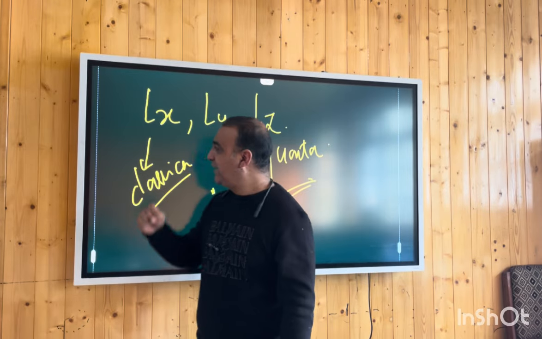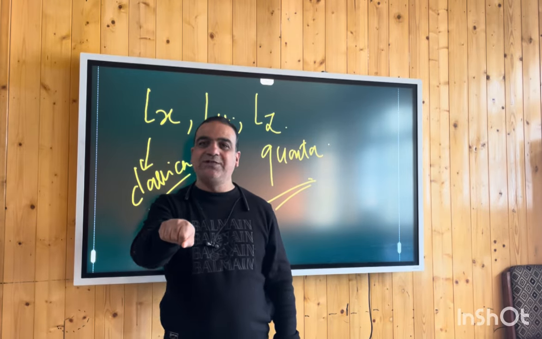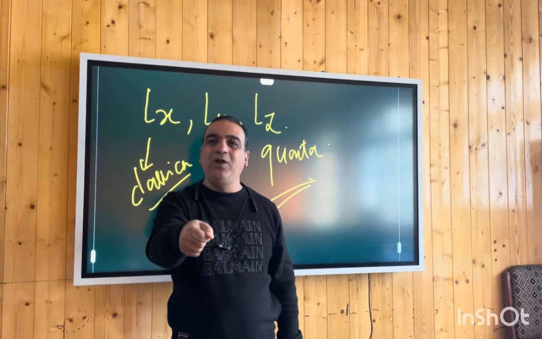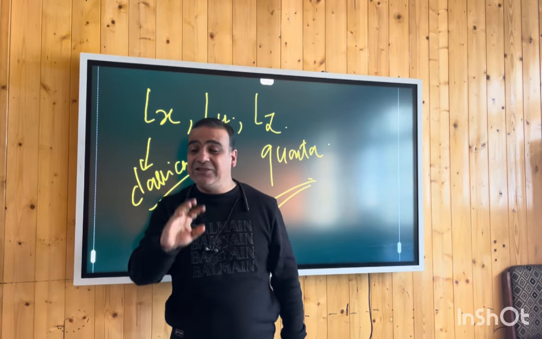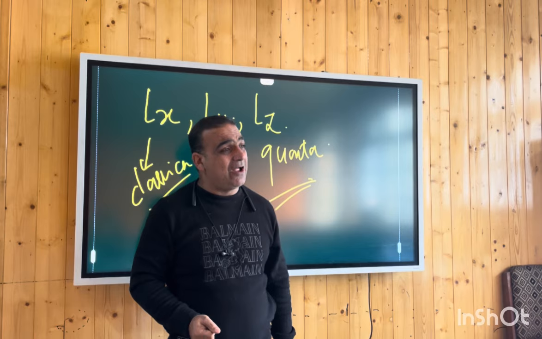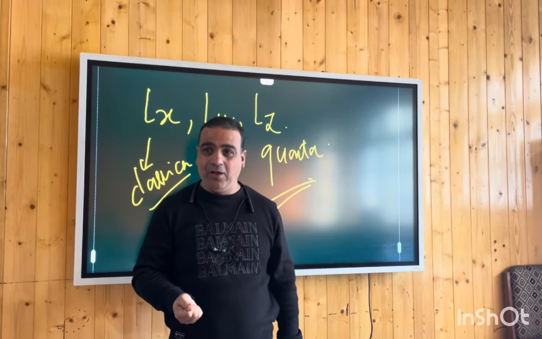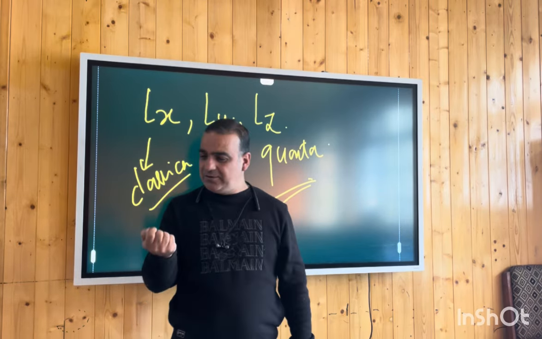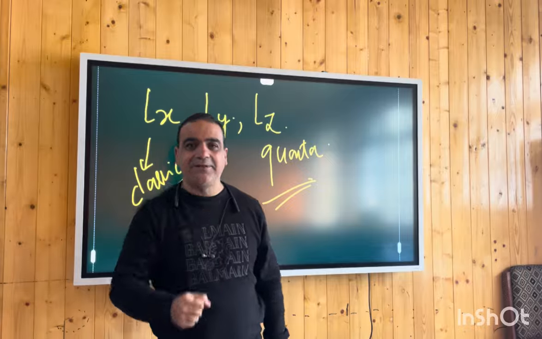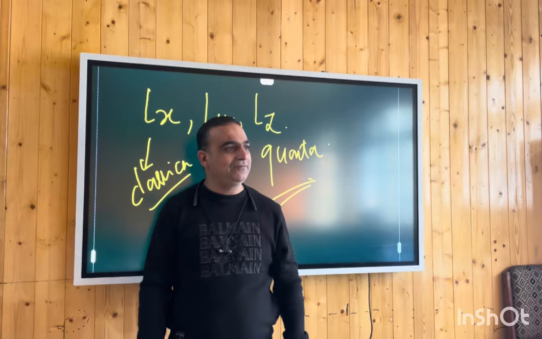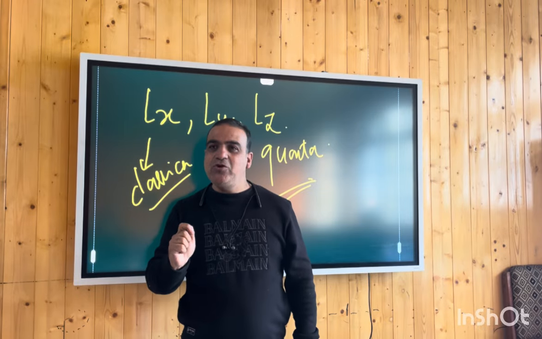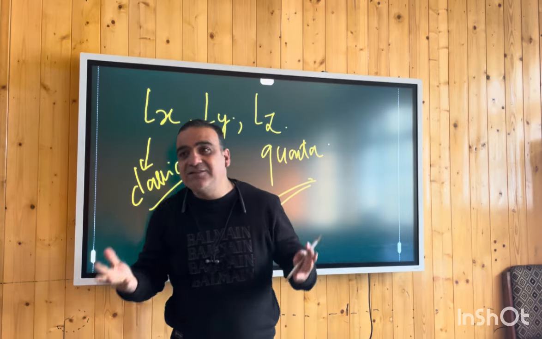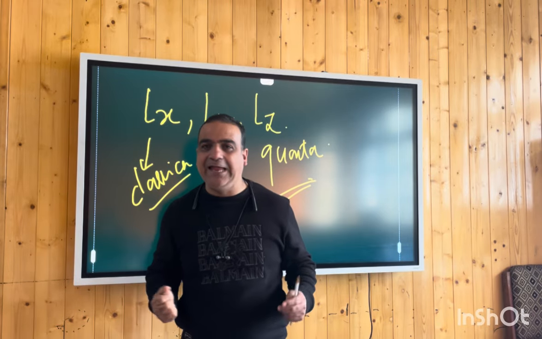Now what happens? Classica goes and uses his key. He is holding a key of Lx, and he is very sure, very confident about the outcome. So he holds the key, he opens it, and he finds a flash of light. And he uses it two times, and he finds a flash of light.